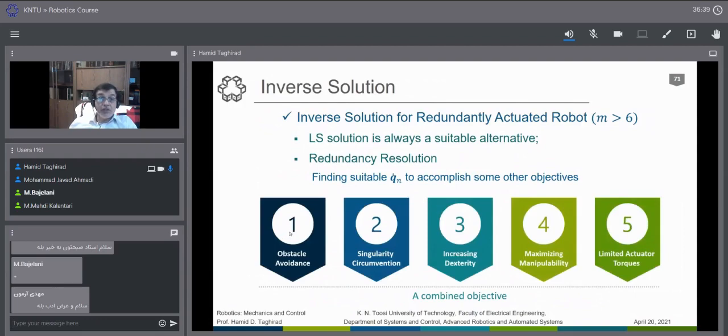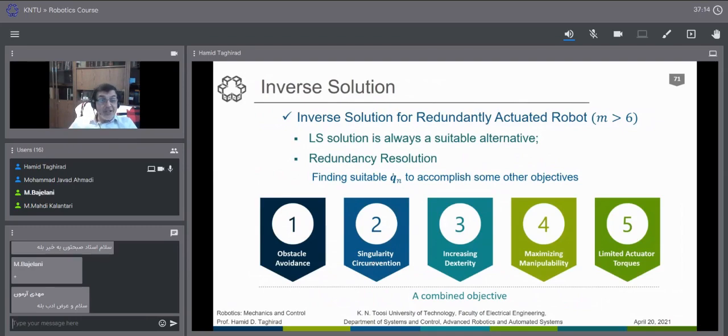If we have a self-motion, if we are moving into here and there is an obstacle here, we can use a self-motion to avoid the obstacle, since we have other solutions available.